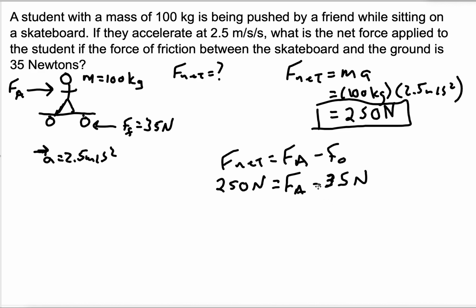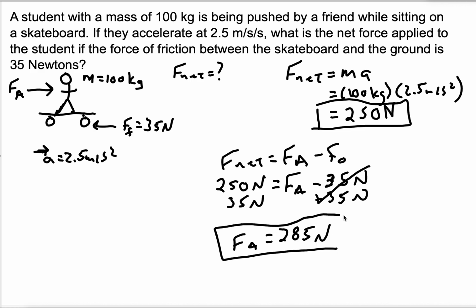So I want to get applied force by itself. How do I get rid of this 35? Right now it's being subtracted, so I would add it. I'll add it to both sides. Those will cancel, and I'll get that the applied force is equal to 285 newtons.